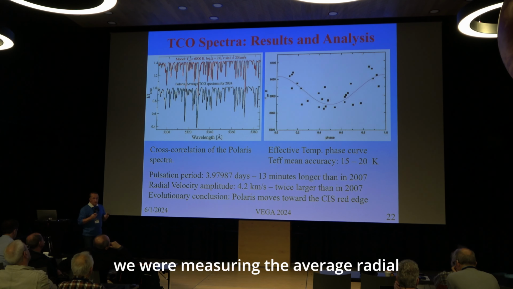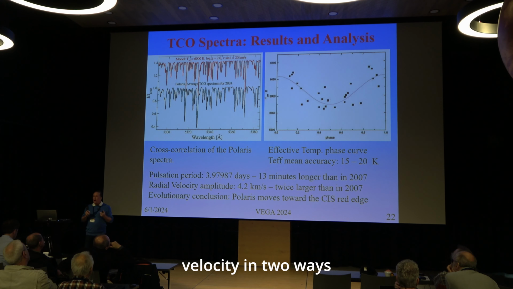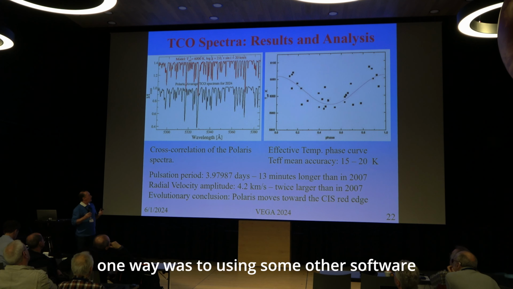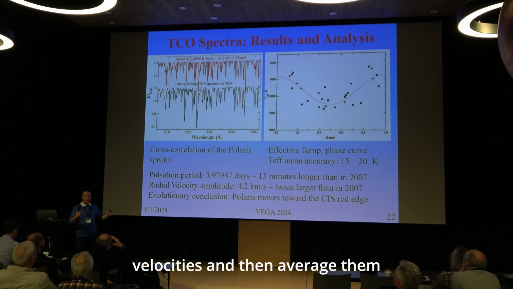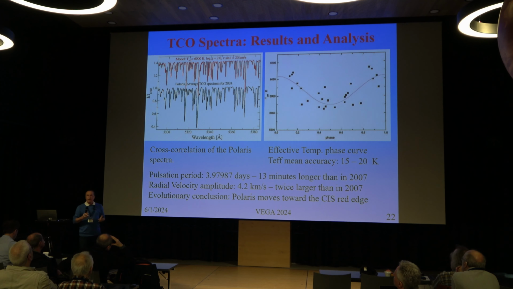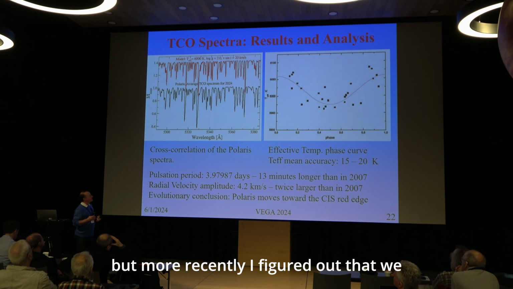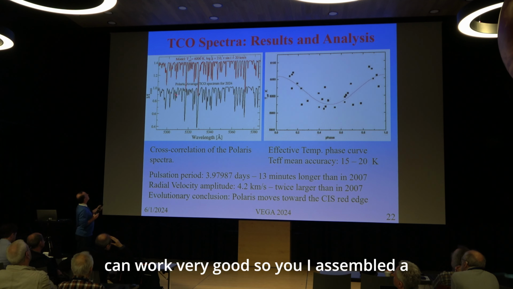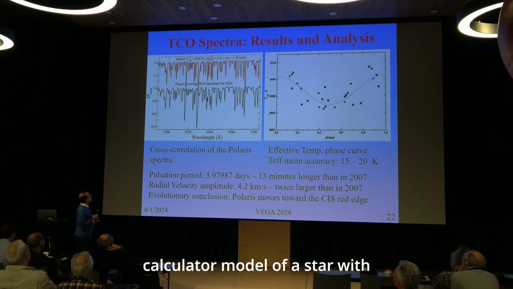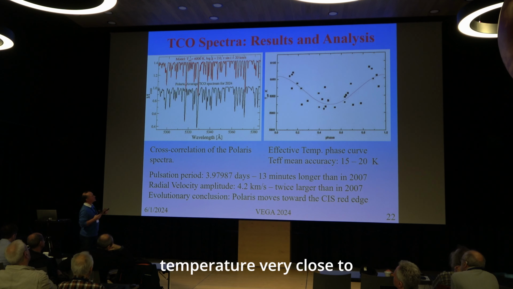We were measuring the average radial velocity in two ways. One way was using some other software, measure individual radial velocities and then average them. But more recently, I figured out that we can actually do cross-correlation, and cross-correlation can work very well. So I assembled a calculated model of a star with temperature very close to Polaris.